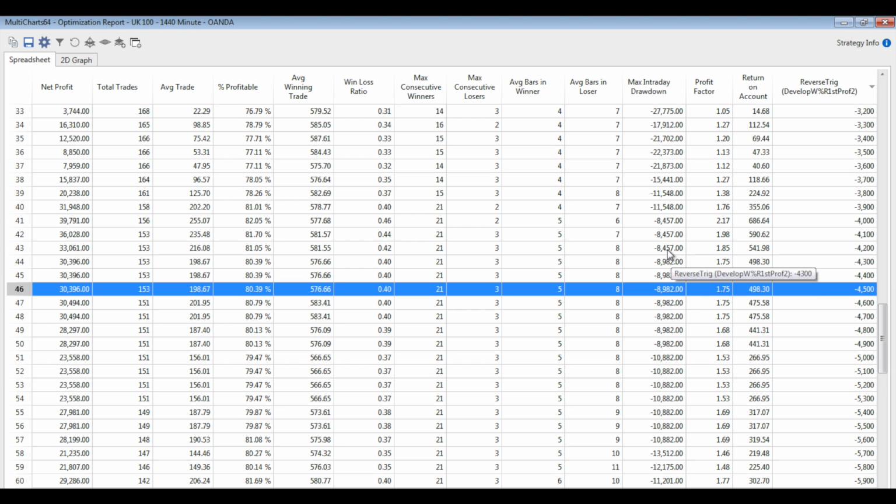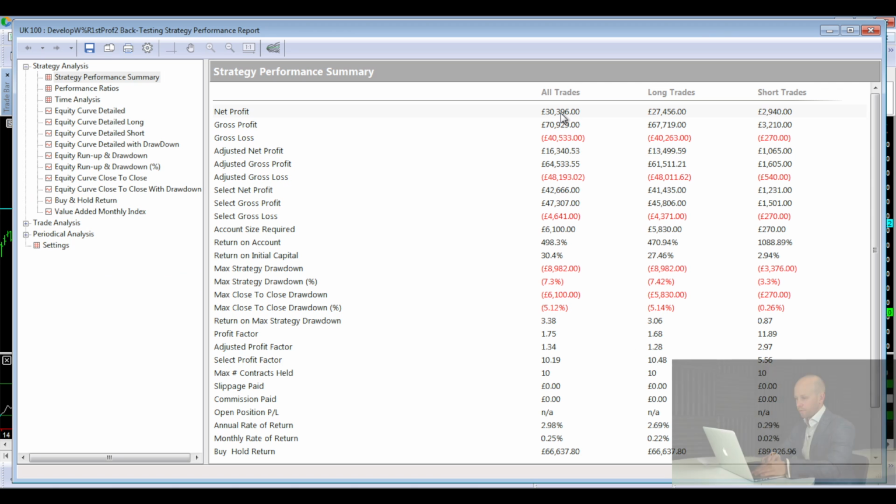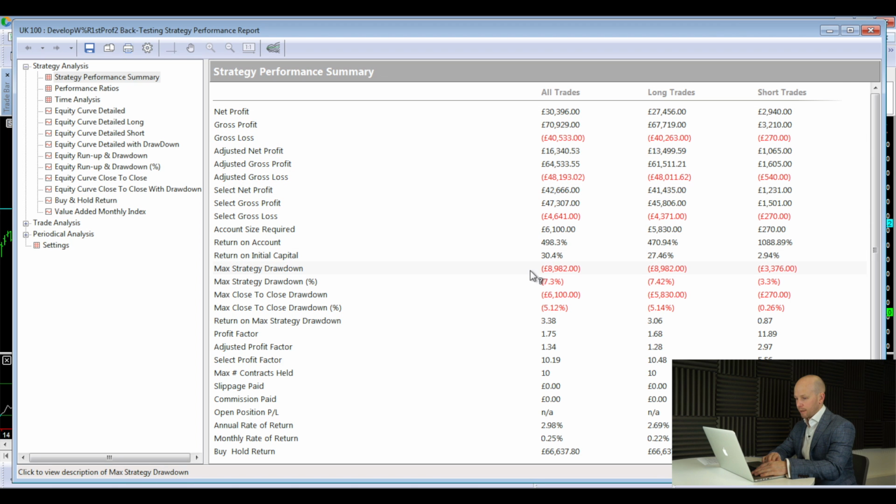It's amongst these lower drawdowns and it's still retaining a decent amount of trades and some net profit. The average trade has gone down again, but let's have a look at the results using 450 points. We've got 30,000 now. Our max strategy drawdown is larger than using both the reverse trigger and the 200 period moving average as the filter.